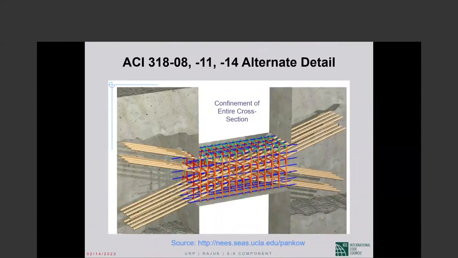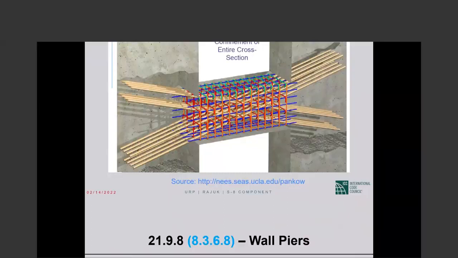This is the 318-08 solution. The individual diagonals are not confined, but the coupling beam cross-section is tightly confined, including the hairpins that go from the shear wall into the coupling beam. Okay.